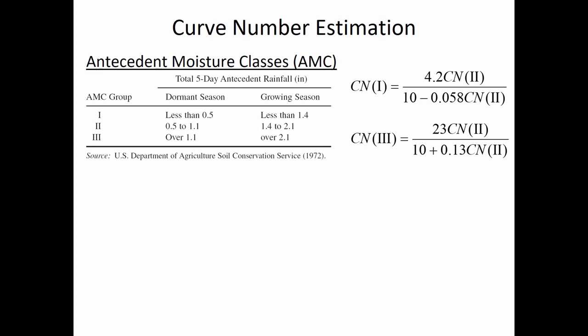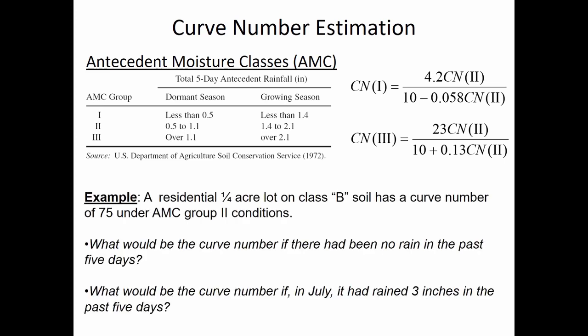And the conditions really can be different than is predicted here. It's a range, so for instance, antecedent moisture condition 3 is when there's been over 1.1 inches. So it could be 1.11 or it could be 5 inches, and it's going to treat either of those as the same. So there's limitations to this, but it's a correction that's better than not making any correction.